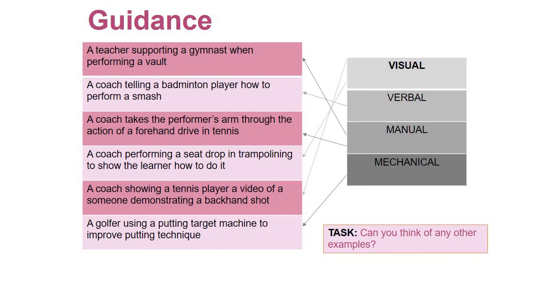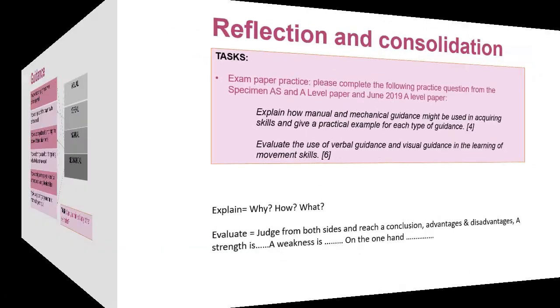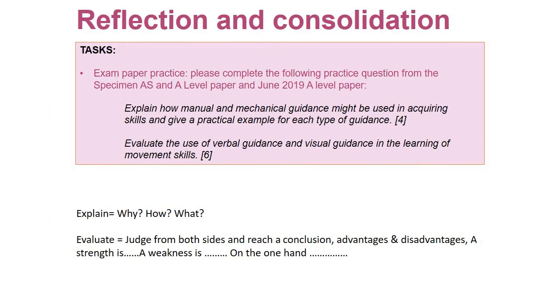guidance. Okay, so as well as taking notes on this video and adding them to your folder, the task I would like to carry out is as follows. This is a past paper question. You can see I've got a 4 marker and a 6 marker question. The first question, 4 marks: explain how manual and mechanical guidance might be used in acquiring skills and give a practical example for each type of guidance.